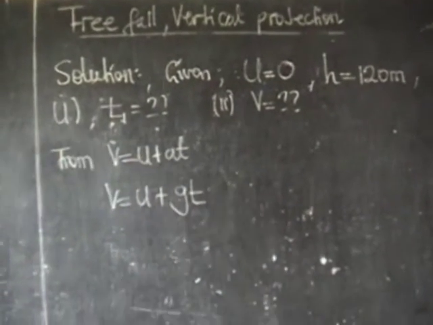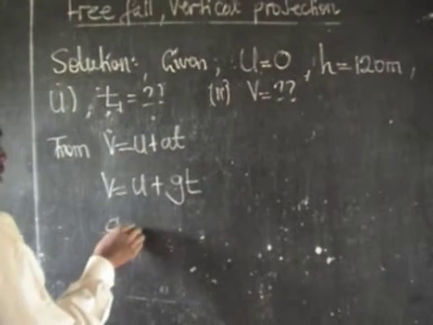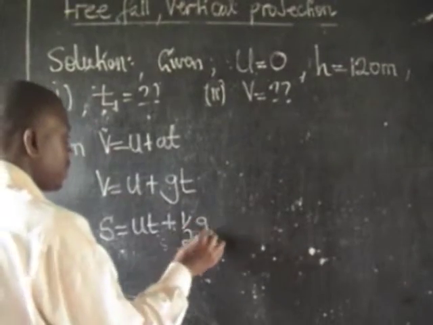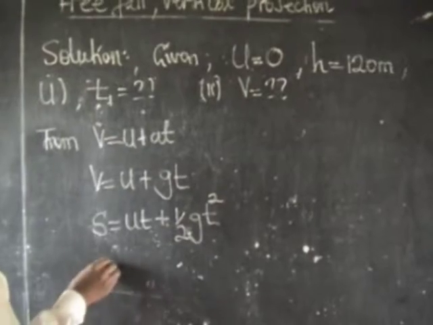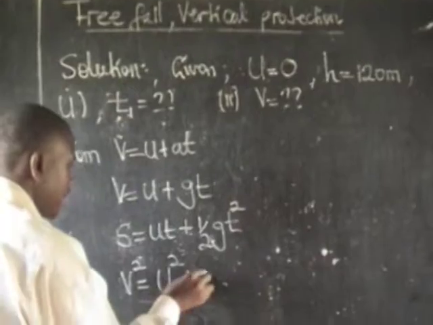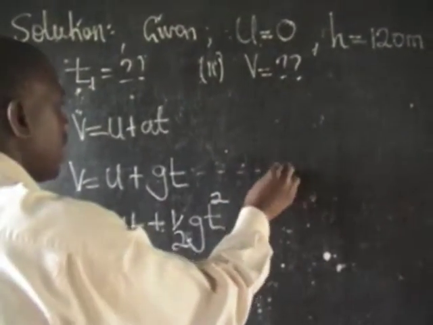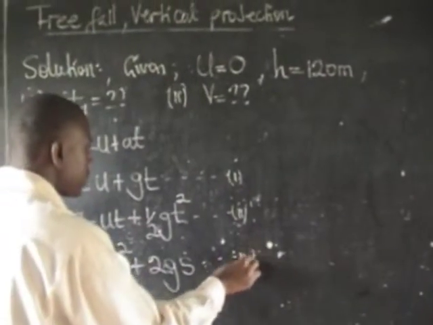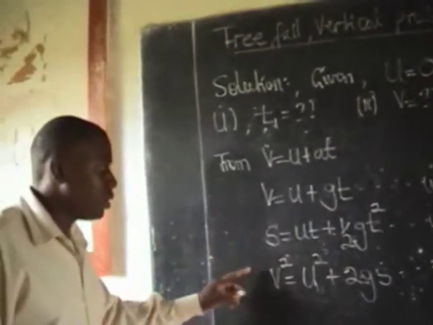Likewise, the second equation will become S is equal to UT plus a half GT squared. And lastly, the third one will become V squared equals U squared plus 2GS. Now, these are the equations that we are going to use. The question will dictate which equation to use.